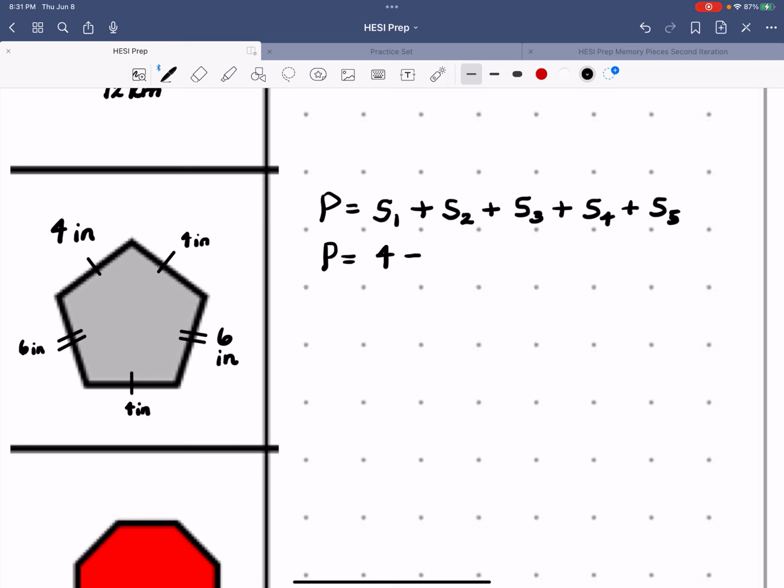There's 4 plus 4 plus 6 plus 4 plus 6. So I'm thinking 24 inches. Let me calculate that. That's 4 and 4 is 8, plus 6 is 14, 18, 24. Okay.